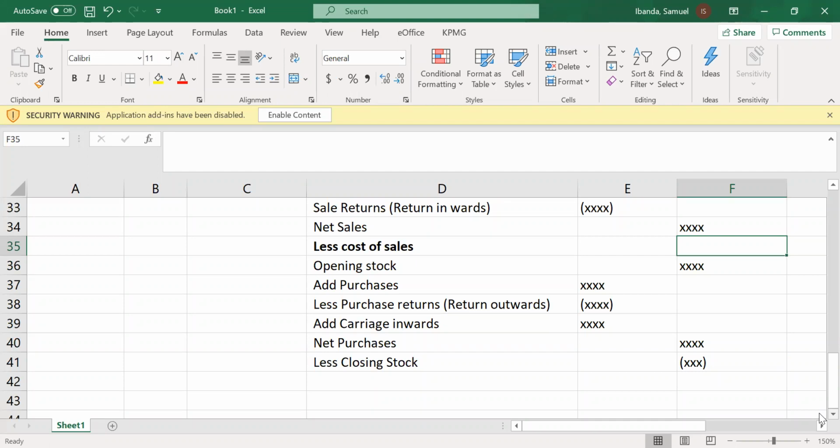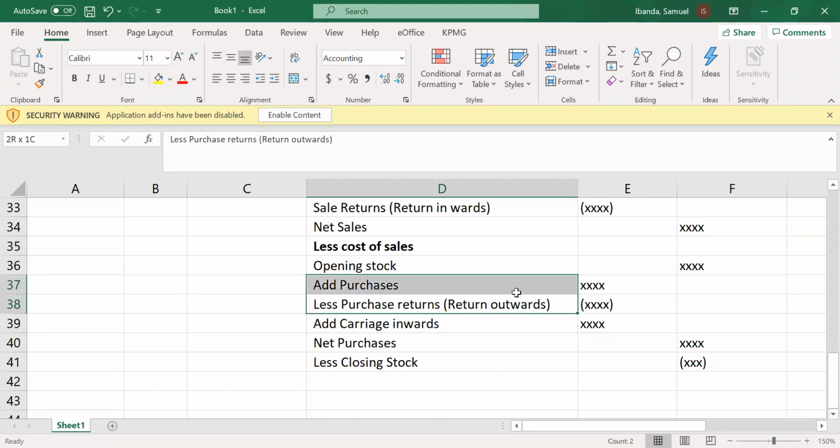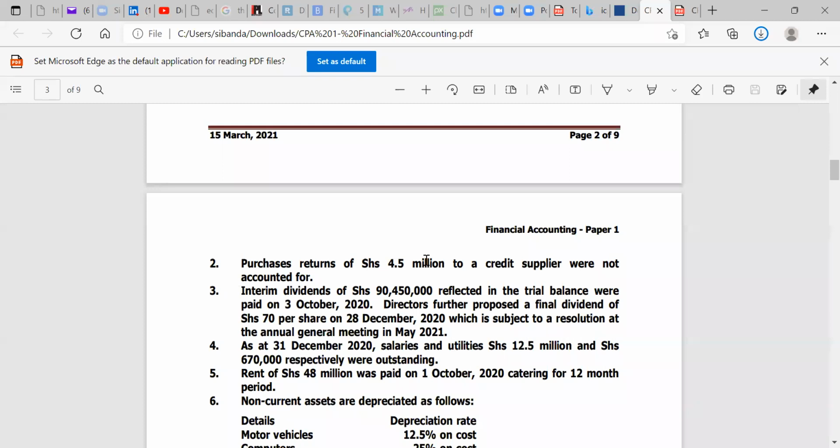So once you have your closing stock, what I wanted to demonstrate to you was how purchases work and the effect of purchase returns on your purchases, which is represented here. If the question is telling us that there were some purchase returns that were not recorded, because when you come to the question here, they're telling you that purchase returns of 4.5 to credit supplier were not accounted for.